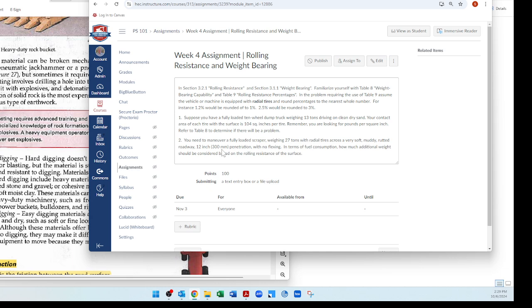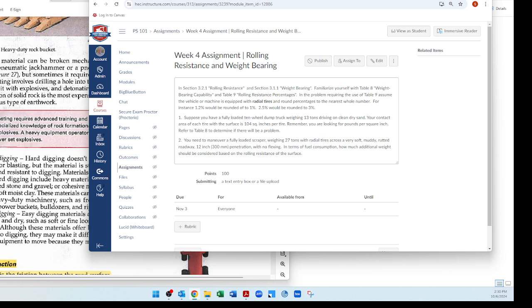Suppose you have a fully loaded 10-wheel dump truck. That's how many wheels, weighing 13 tons, driving on clean, dry sand.